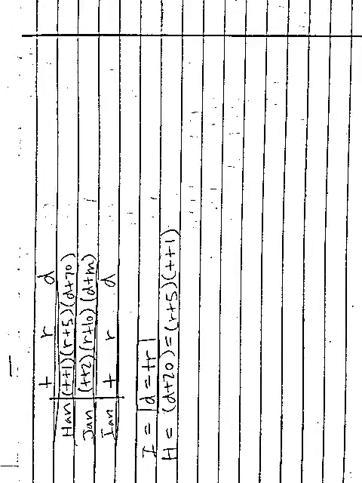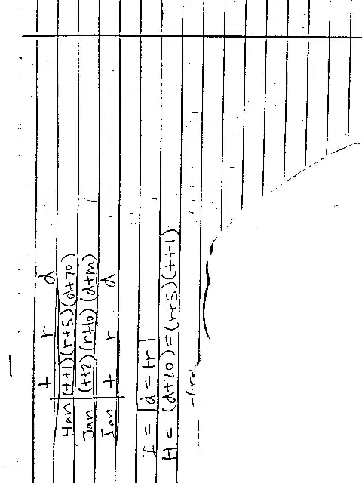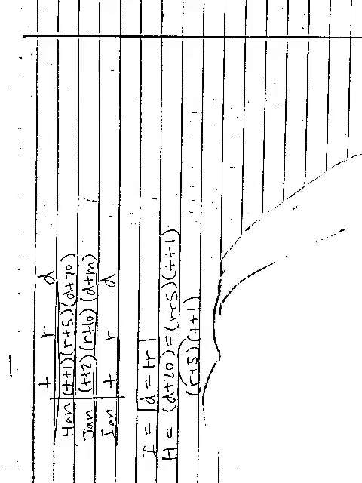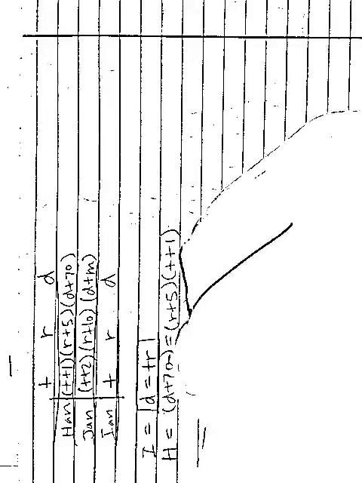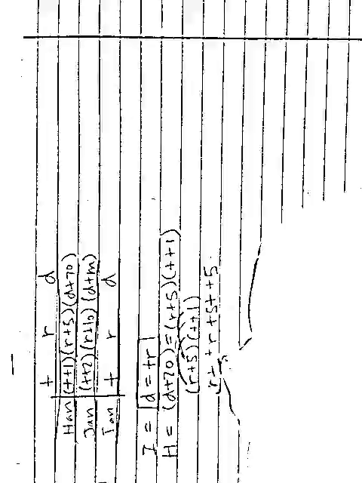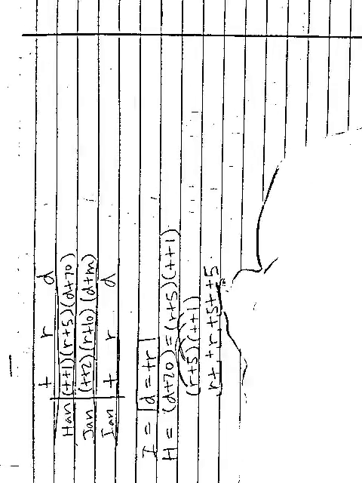And so if I multiply these out, T plus 1, so first, RT, outer, plus R, inner, plus 5T, and then plus outer, last, which is 5, which equals D plus 70.